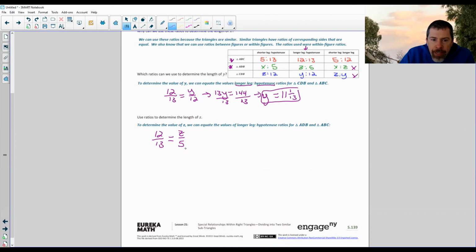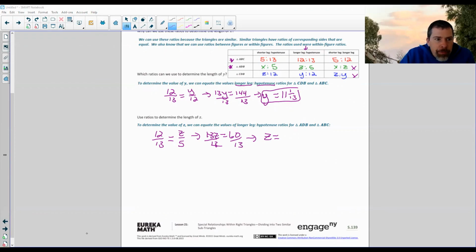And when I do that, I get 13z equals 60. Divide both sides by 13. 13's cancel, and that will yield z equals, and 60 divided by 13 is, what was it?